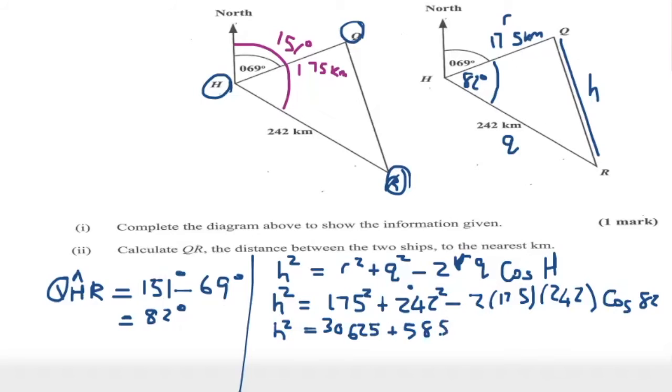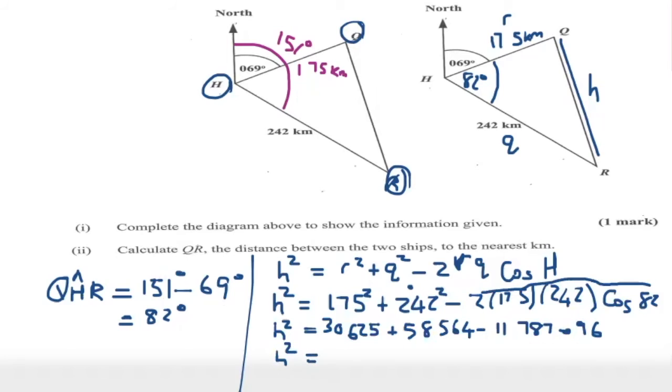Squaring 242, we have 58,564, and then multiplying 2 times 175 times 242 times cos 82. Enter this in your calculator, and remember it's a product, so you will get 11,787.96.